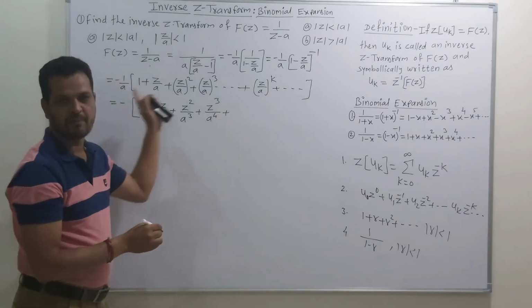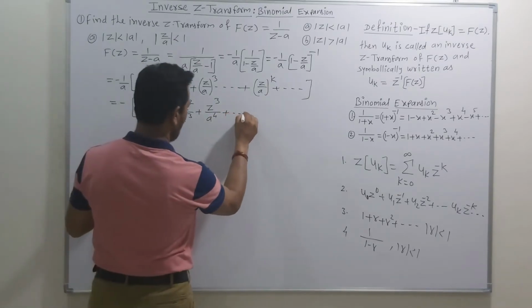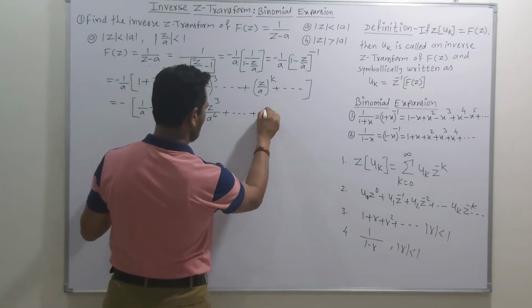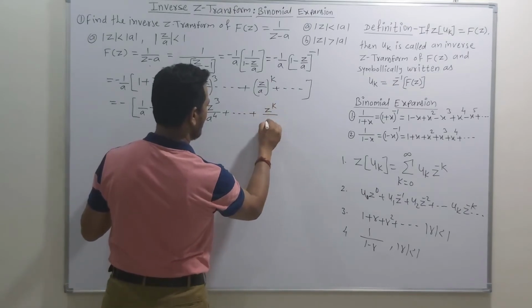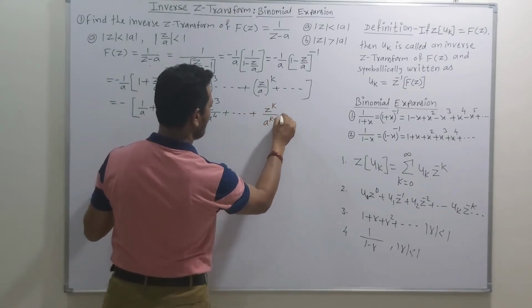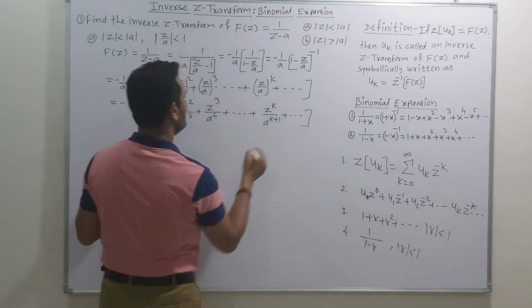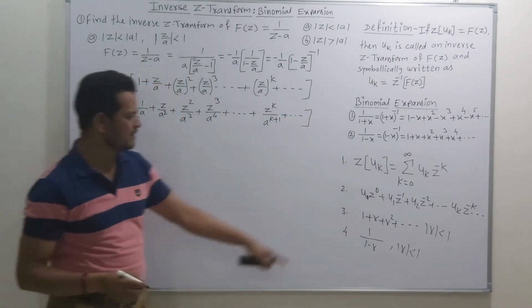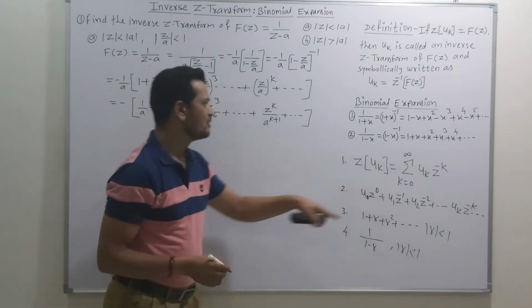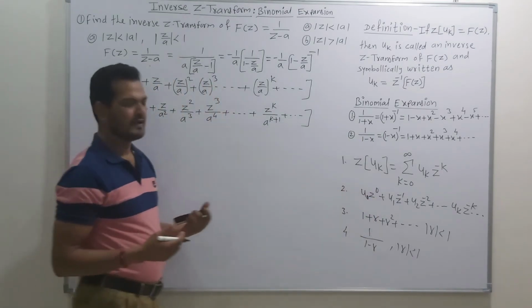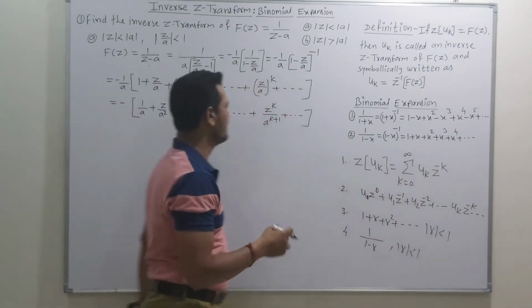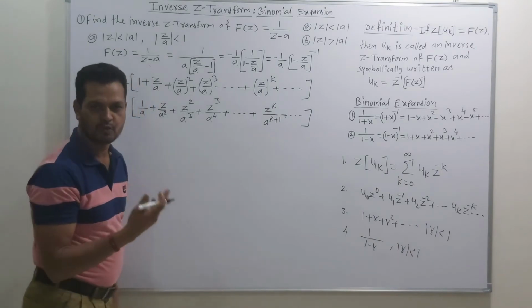After multiplying this 1 upon a to the inner side, we can continue in this way. We get z raised to k upon a raised to k plus 1 and so on. So we get this type of expansion. Here our aim is to find the coefficient of z raised to minus k, and here we get the value of z raised to k.